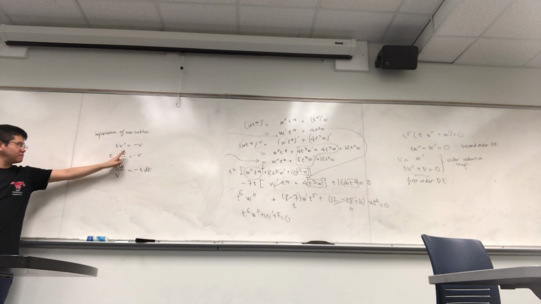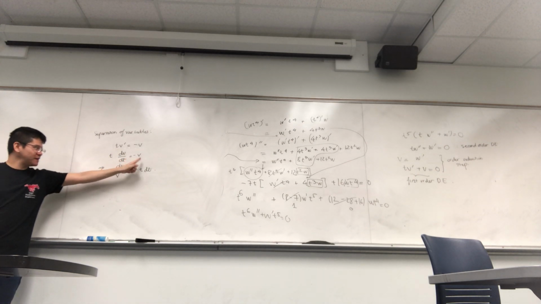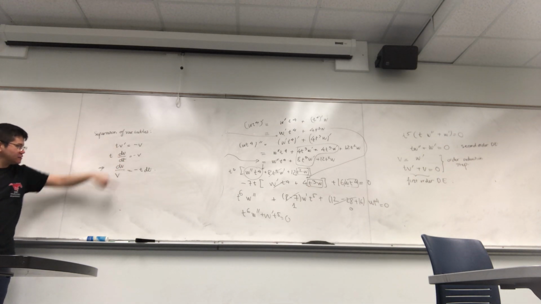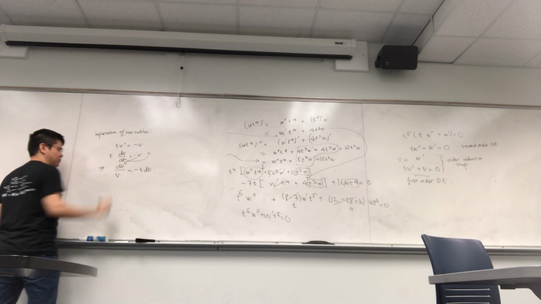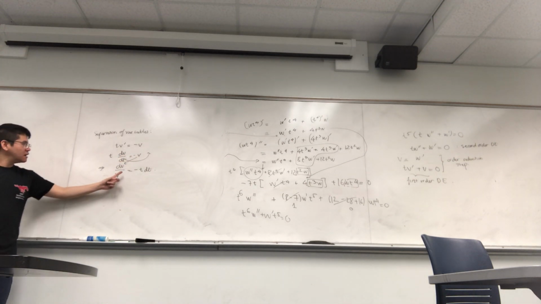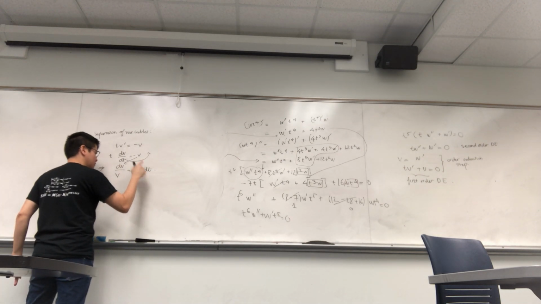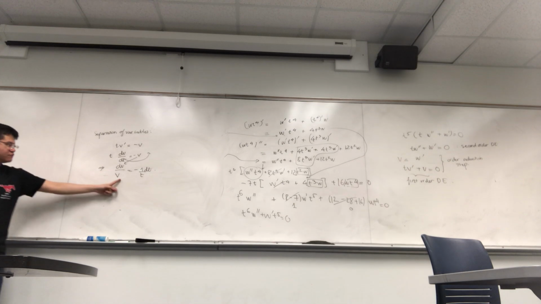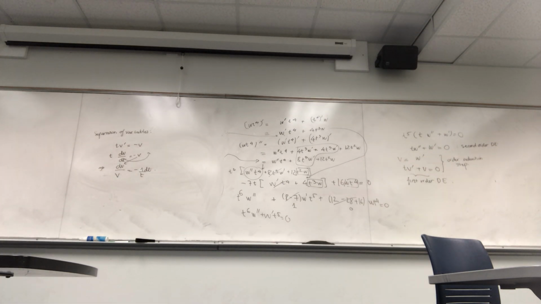You write v prime as dv over dt, and now you put v on the left hand side and t on the right hand side. So I have dv over v is minus dt over t. How can I solve this equation?